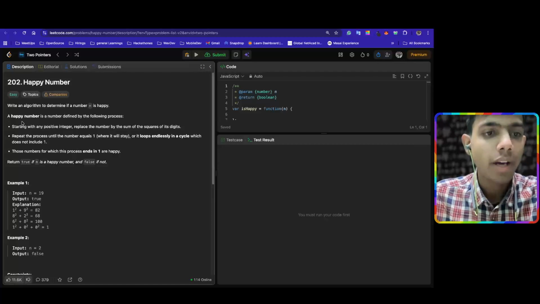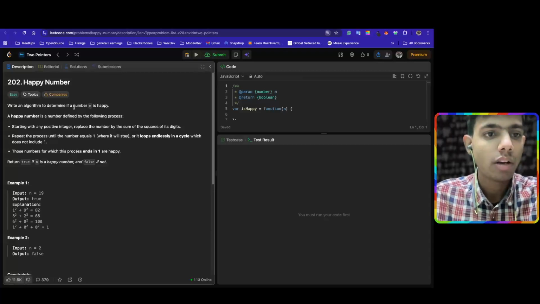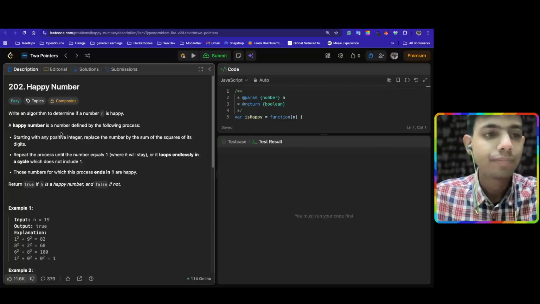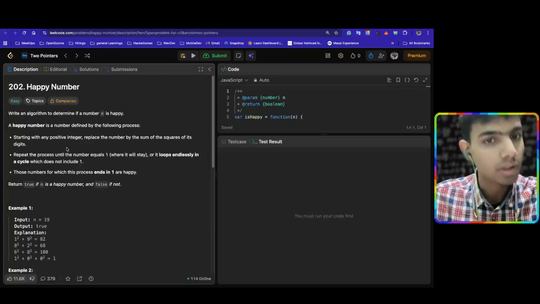Write an algorithm to determine if a number n is happy. I hope it is visible to you, guys. A happy number is a number defined by the following process: starting with any positive integer, replace the number by the sum of the squares of its digits.